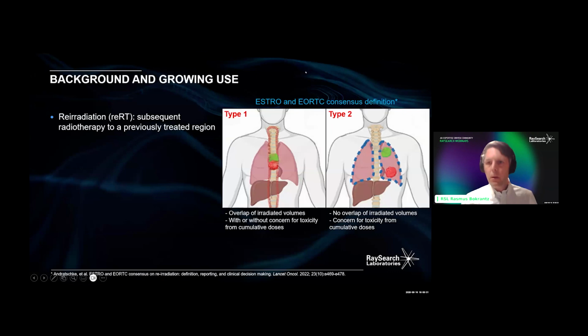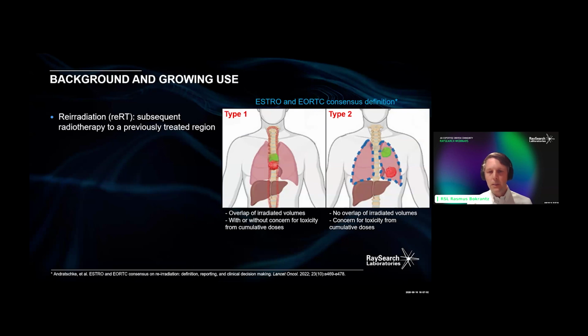I will begin by briefly introducing re-irradiation before handing over to Jakob for the actual product demonstration. And throughout this presentation, we will use the consensus definition of re-irradiation from ESTRO, which states that re-irradiation is radiation therapy delivered to a previously treated region.